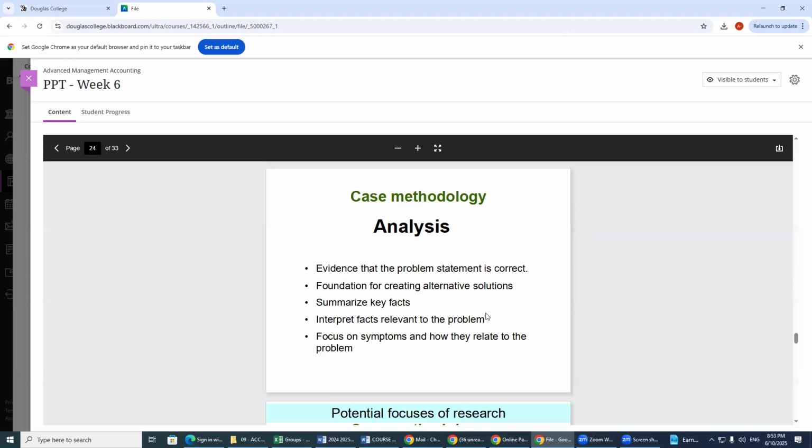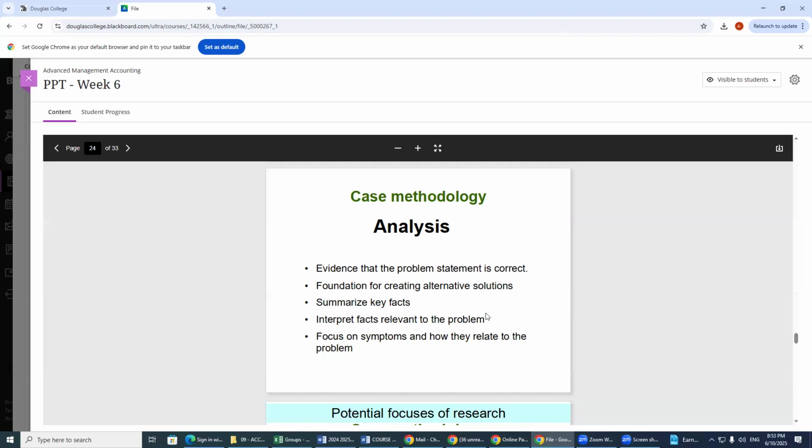Again, when you're doing the situational analysis, why do we need to do it? Because you have to evaluate the current situation. Every time there's a problem in your life, the first thing you have to do is see what you currently have in your hands.